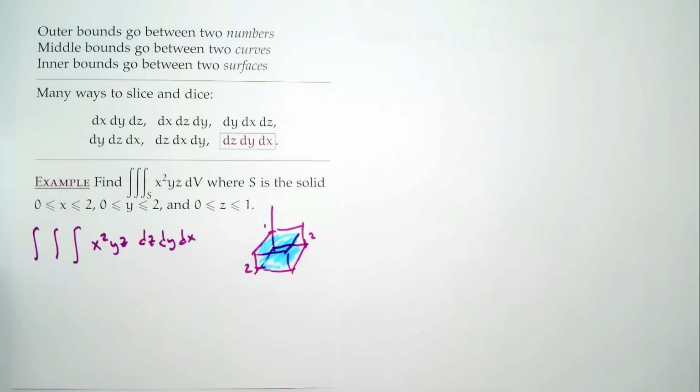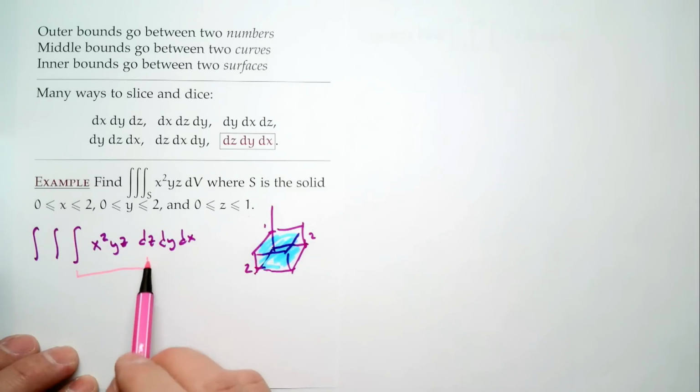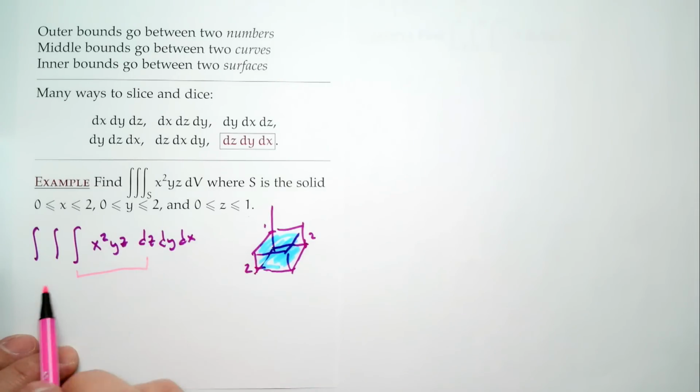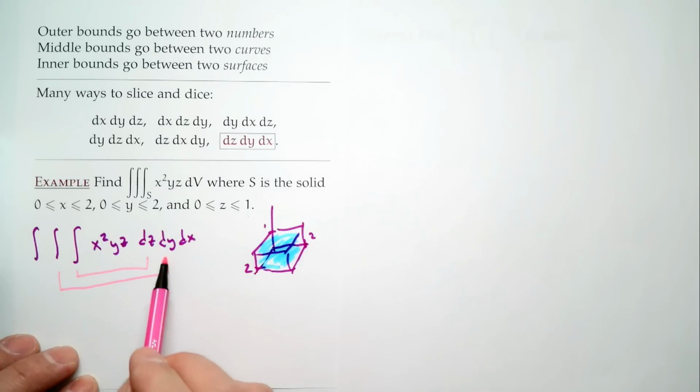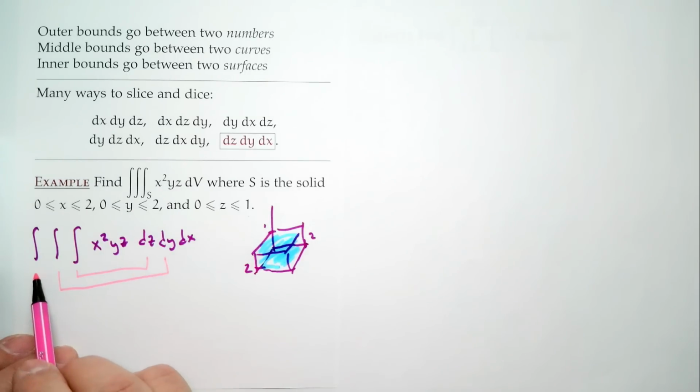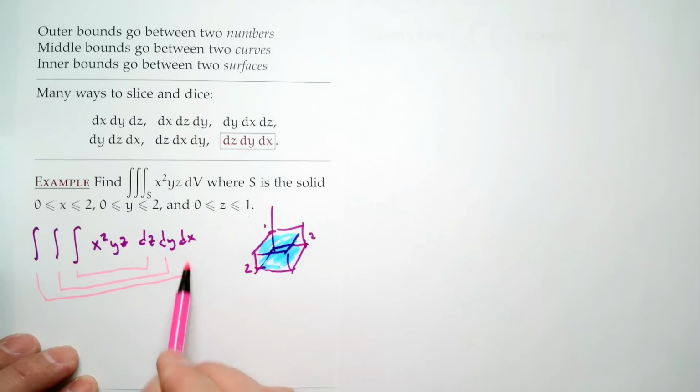Now we have to set the bounds, and here's the thing to remember, that the bounds link up in the same way. Namely, the innermost integral links up with the innermost d whatever. The middle integral links up with the middle d whatever, and the outer one links up with the outer one. Not very surprising. In fact, it's what you would want to be true. So good news, it's true.